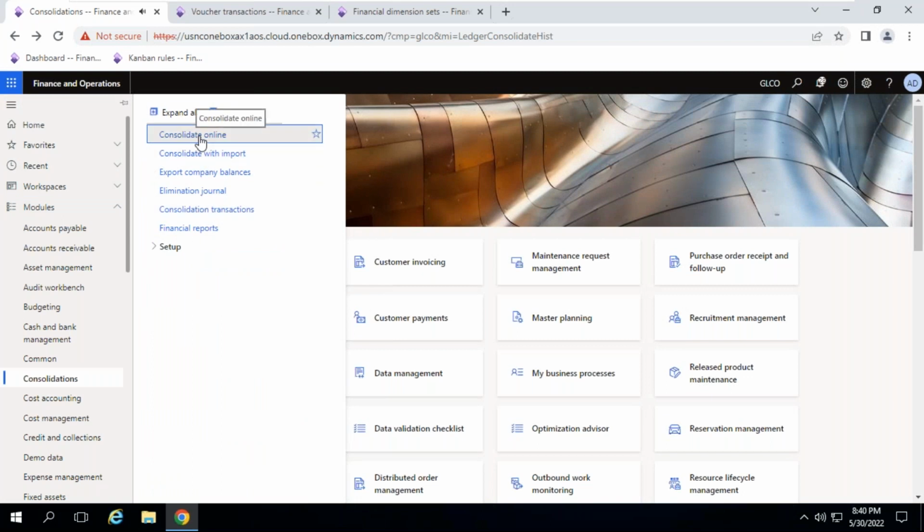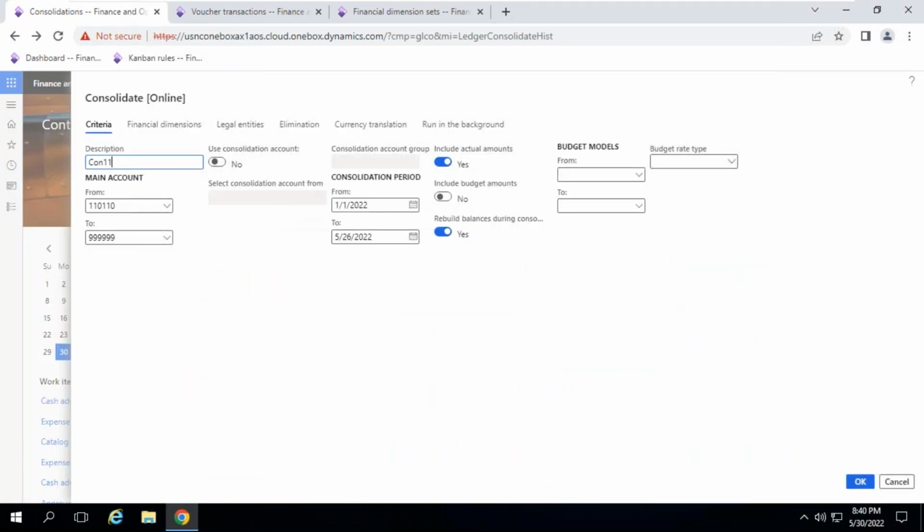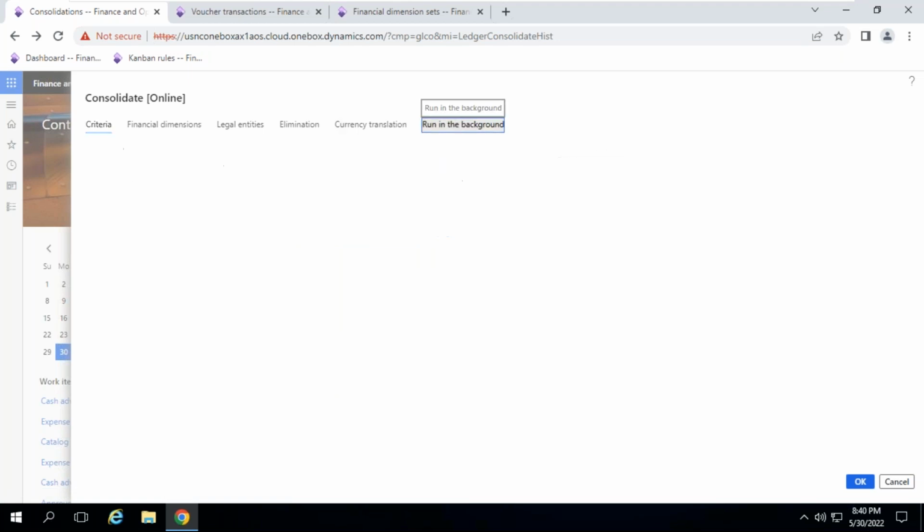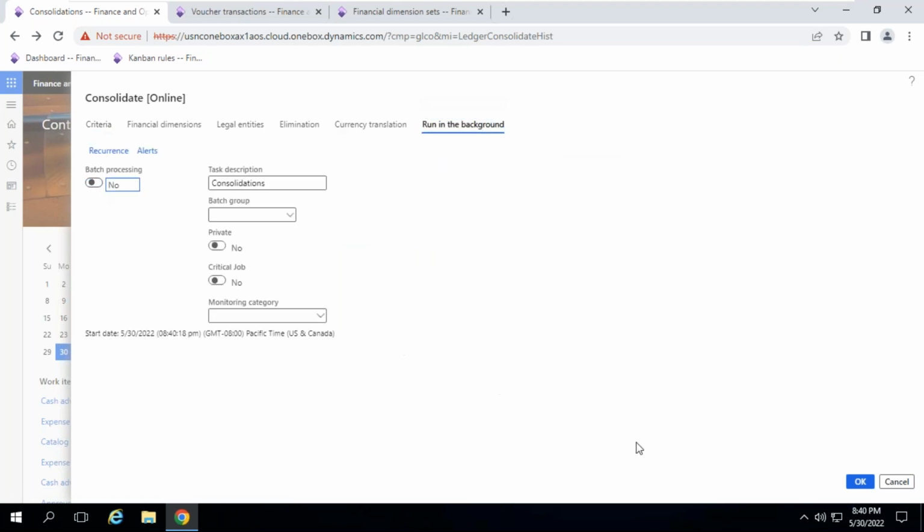Let me run this consolidation. Let me execute up to December 31st. Now it will show you the balances.